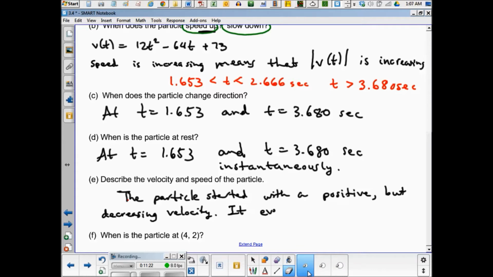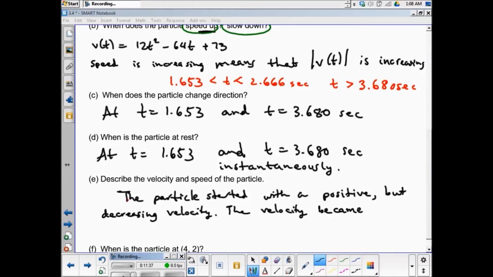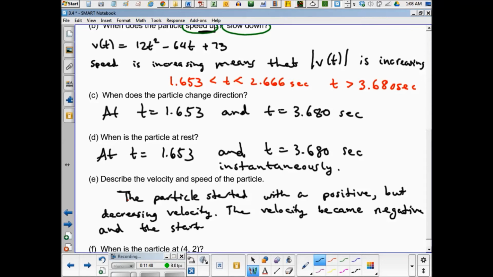And then we'll stay away from the word it. The velocity became negative, and then started increasing.